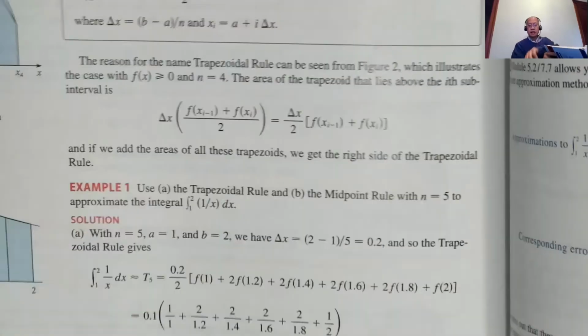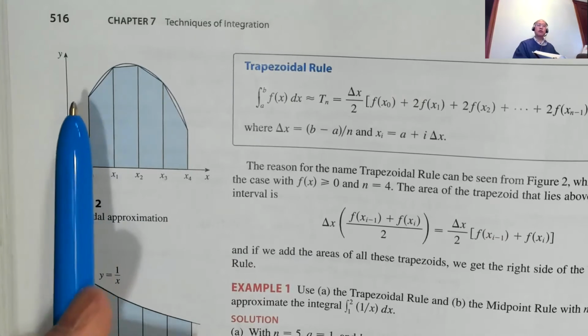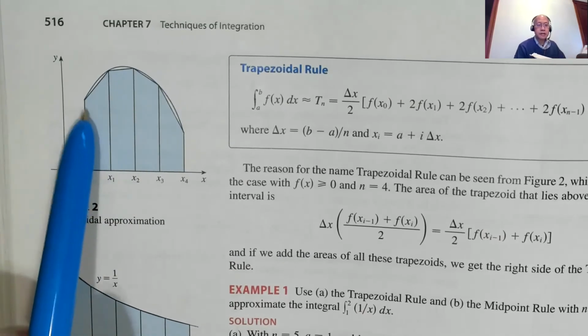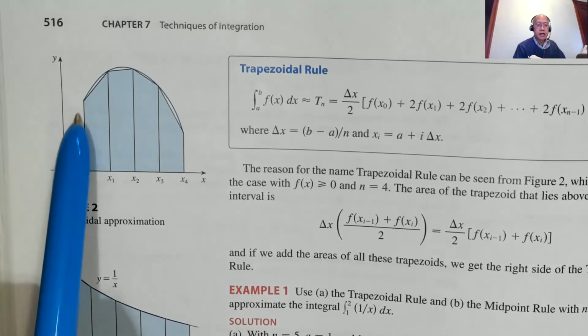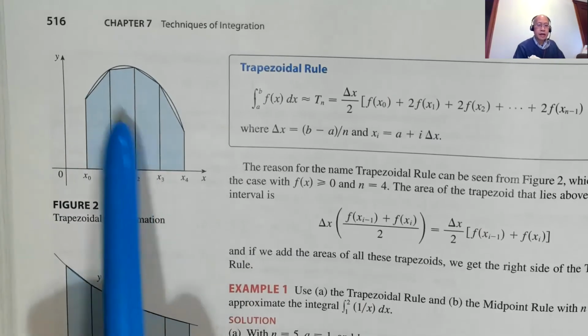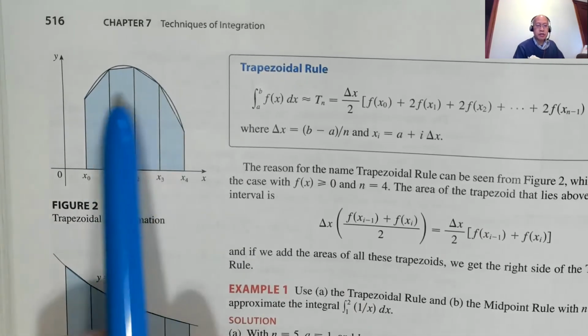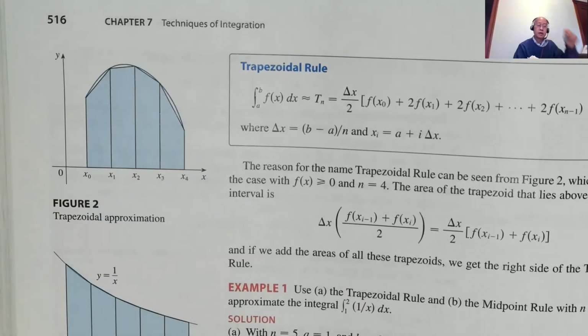Again, the logic is, and you don't really need to know this unless you're curious, we are approximating the area under the curve with trapezoids, like this. We don't pick the midpoints, just take pairs of endpoints and draw a straight line segment here. And this pair go like that, and like that, and that. And you see it does a pretty good job of the area under the curve.